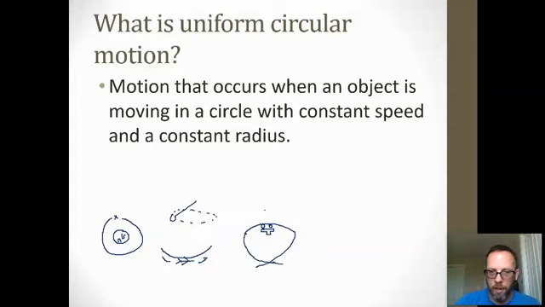So what I'm trying to say is we can use uniform circular motion to analyze motion that's circular or nearly circular, but also for things where the motion is just part of a circle. But the big idea is it's constant speed and constant radius.